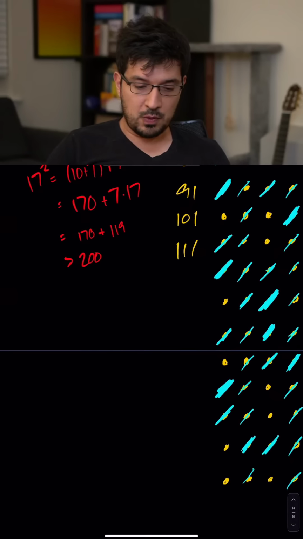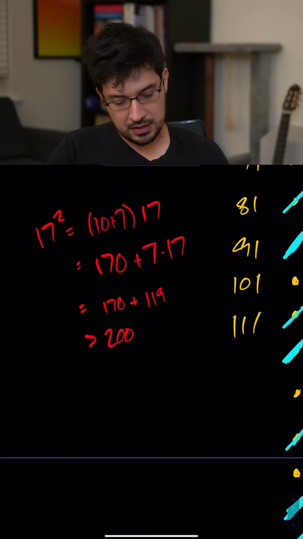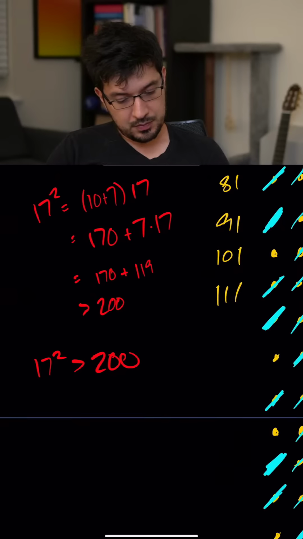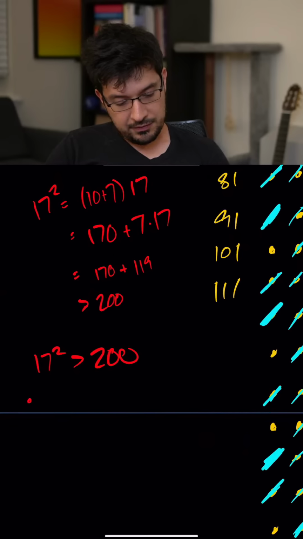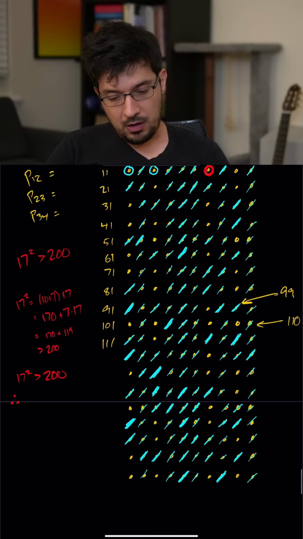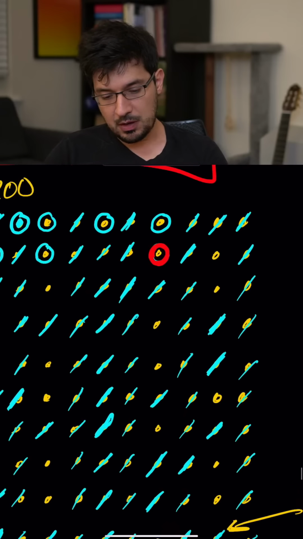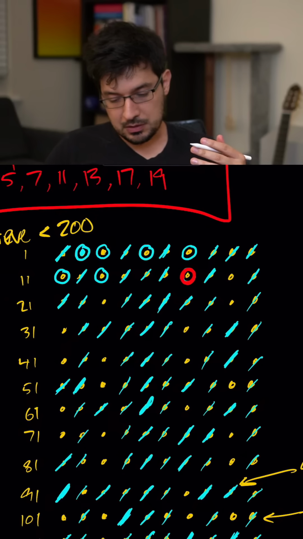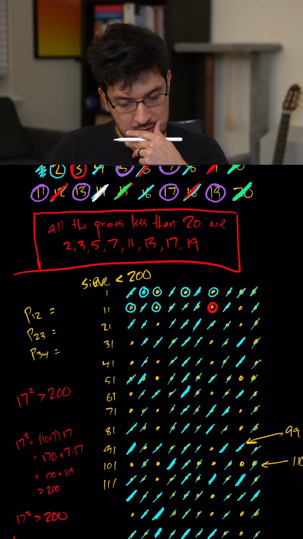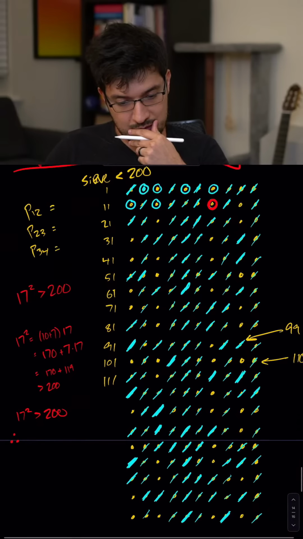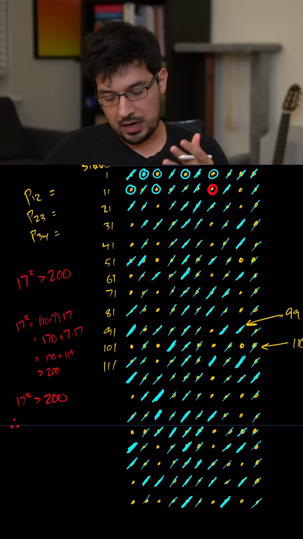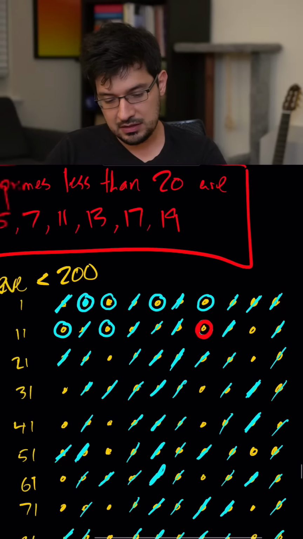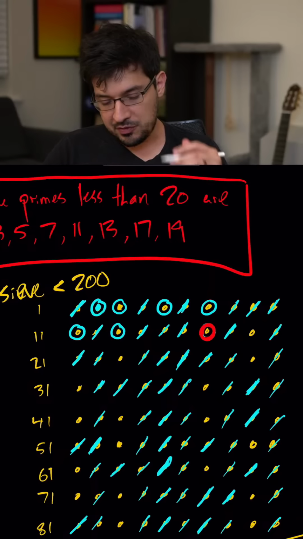So, therefore, because we know 17 squared is greater than 200, all of these other numbers have been crossed out already by a prime. It's not possible, because I've already crossed out all the numbers less than 17. I've already used all the primes less than it.